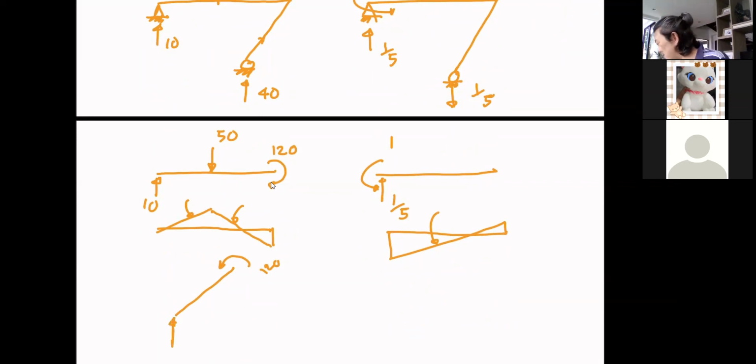Okay, so you must use the trigonometry. That's the angle. This is the angle. They're the same, right?